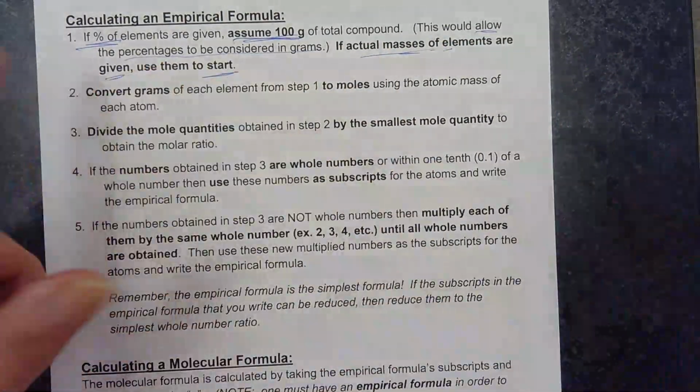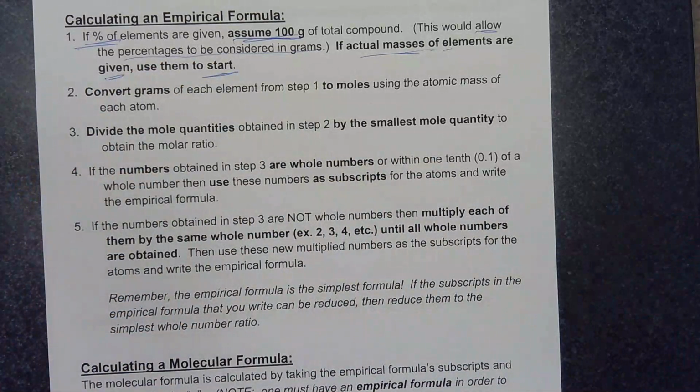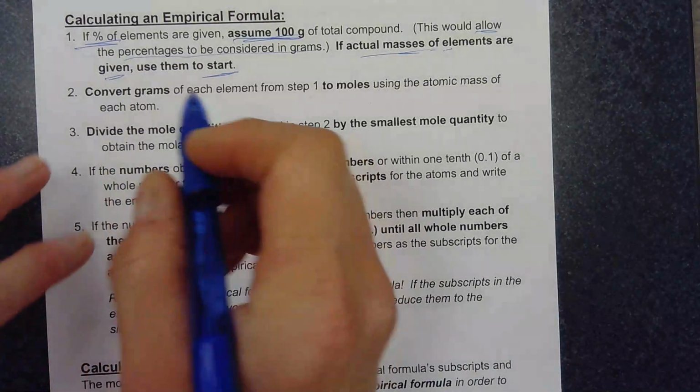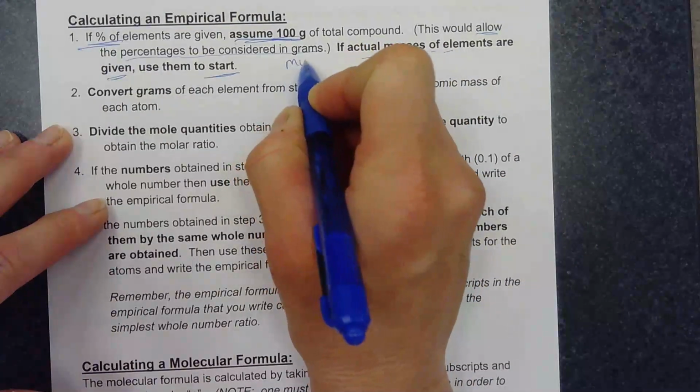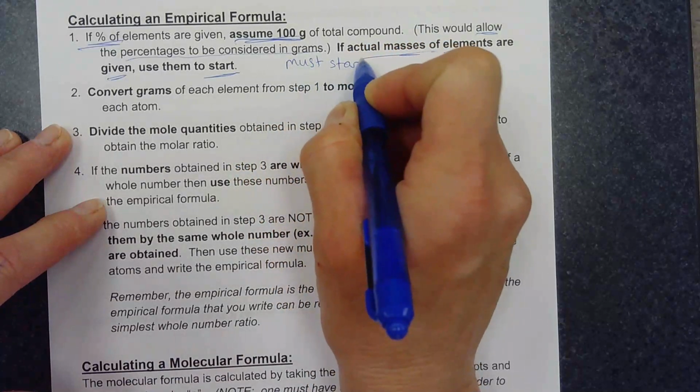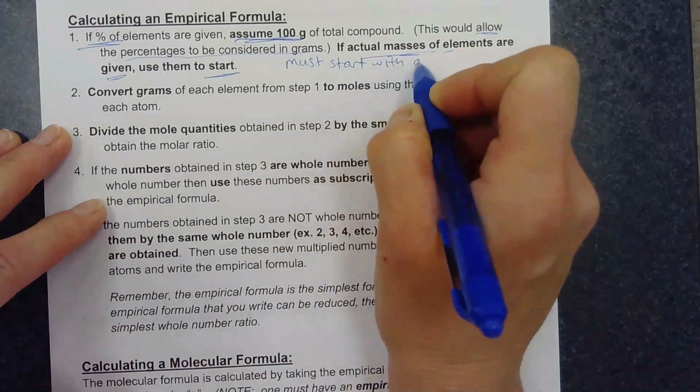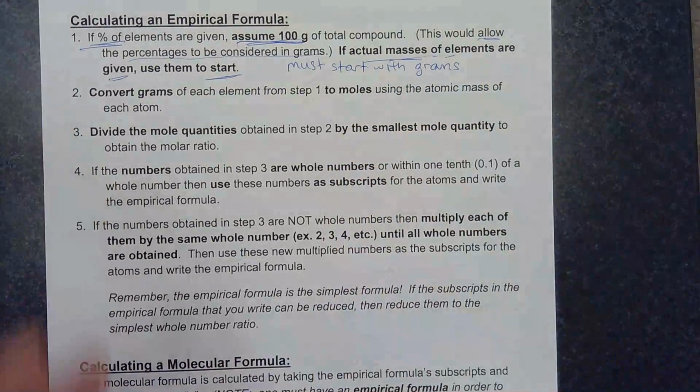The goal is to what? Start with what unit? What must you start with? Grams. That's the goal. You must start with grams. And that's what it says. Must start with grams.